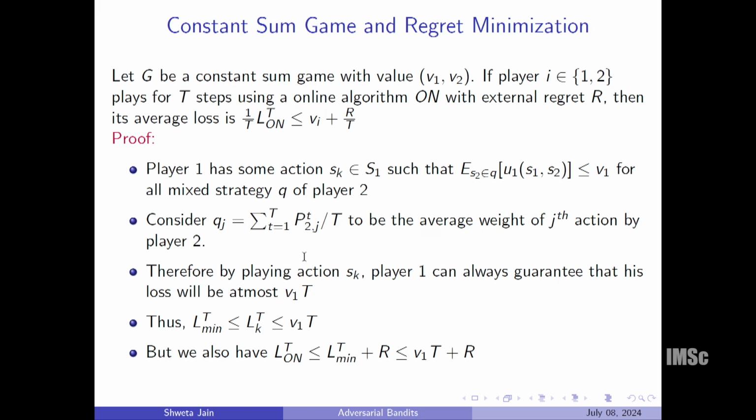Vi was the value of the ith player. So what it is saying is that when t tends to infinity, the average loss of the player will converge to its value, which is good.